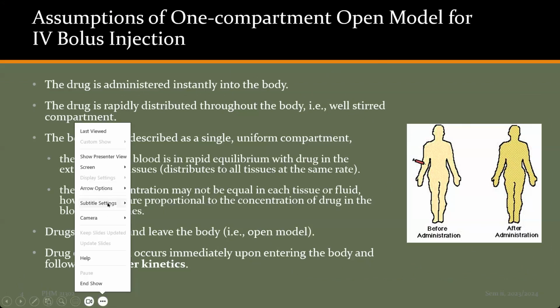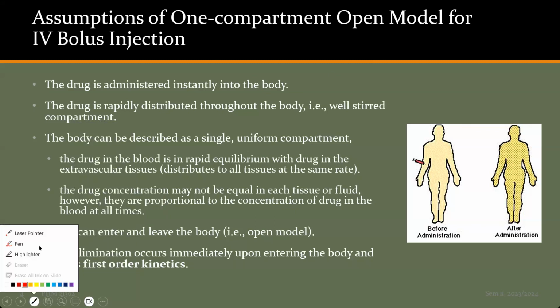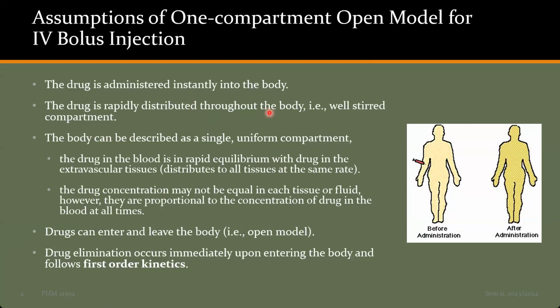Okay, that's why we consider it as one compartment, because the drug immediately distributes to the whole body. As we see in this photo, we give the injection and there is no drug in the body at the beginning, and then after administration the drug is immediately distributed all over the body. So the body is behaving as one compartment.